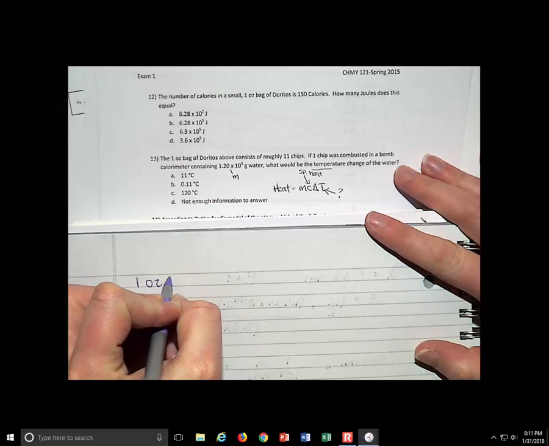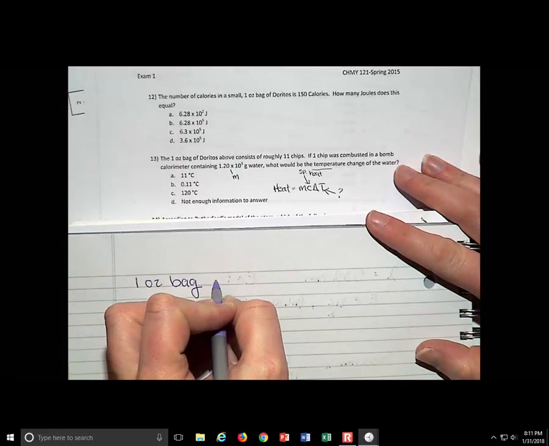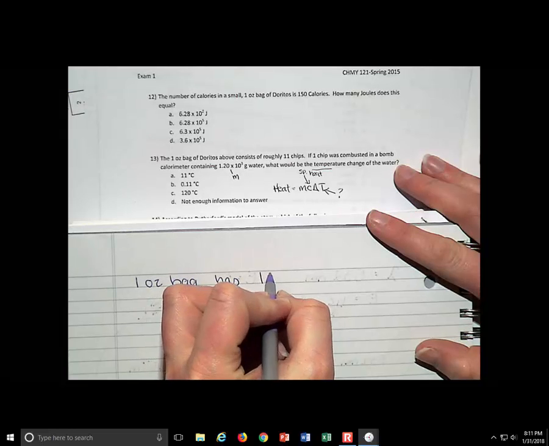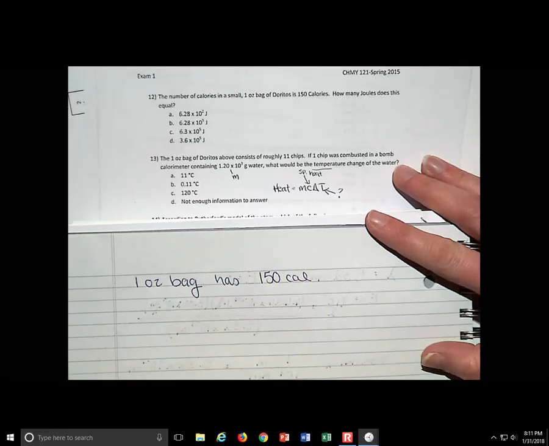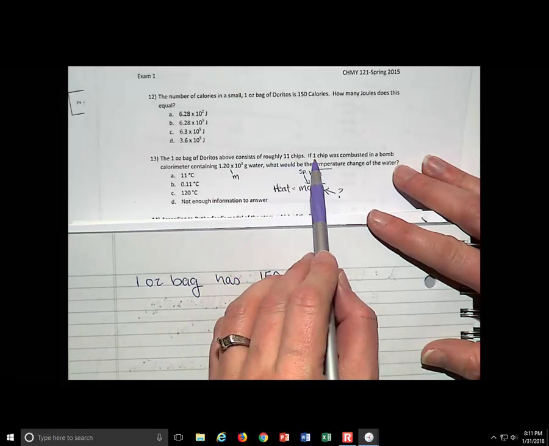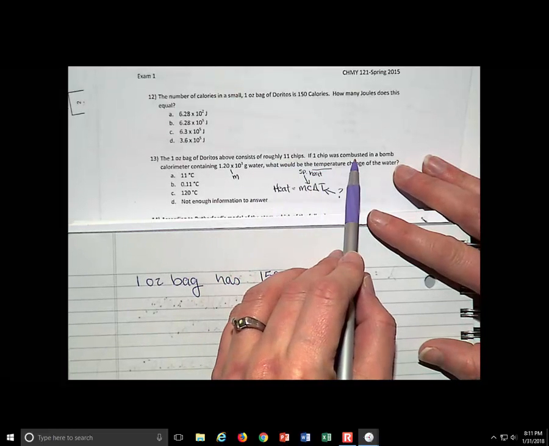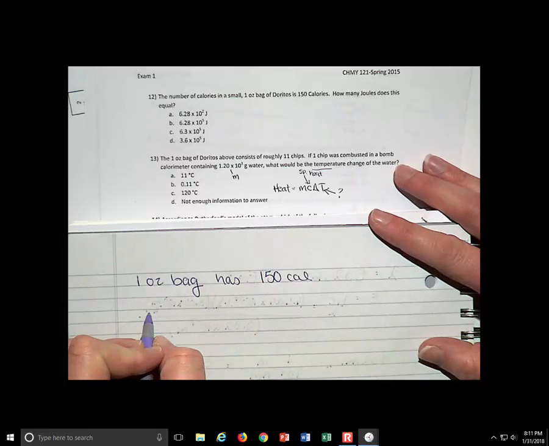So for our 1 ounce bag, all 11 chips is 150 calories. If one chip was combusted, then we're looking at 1/11 of that number of calories.